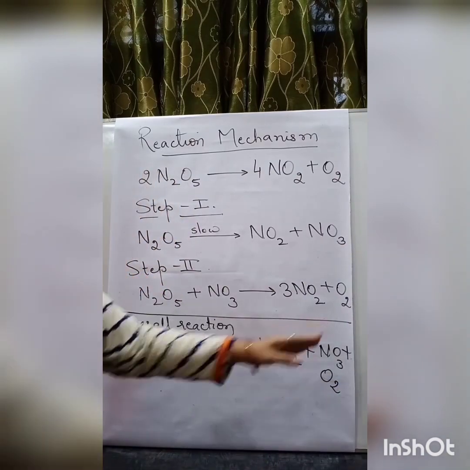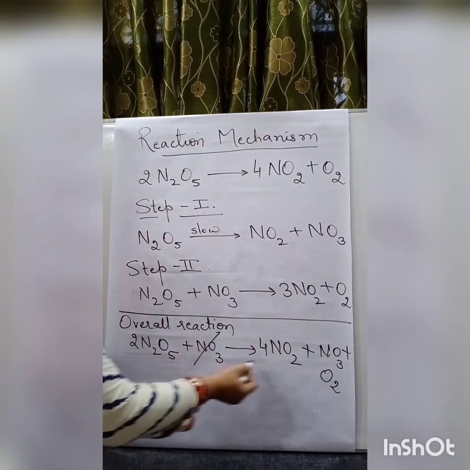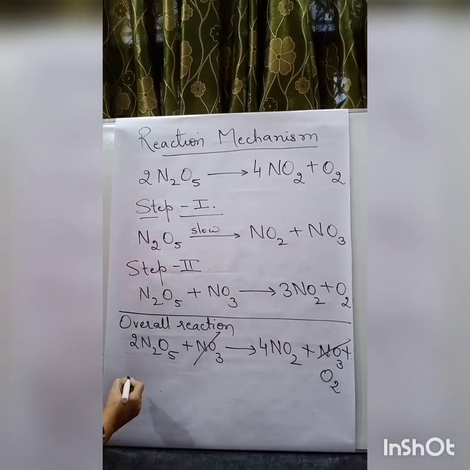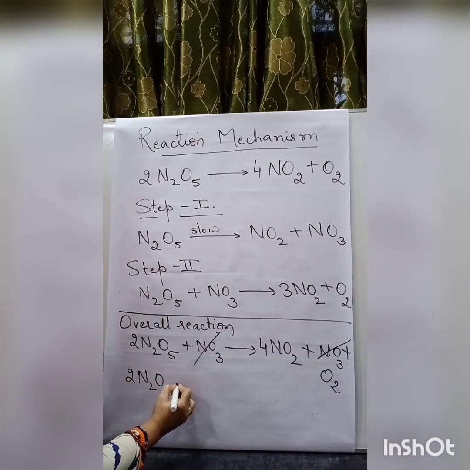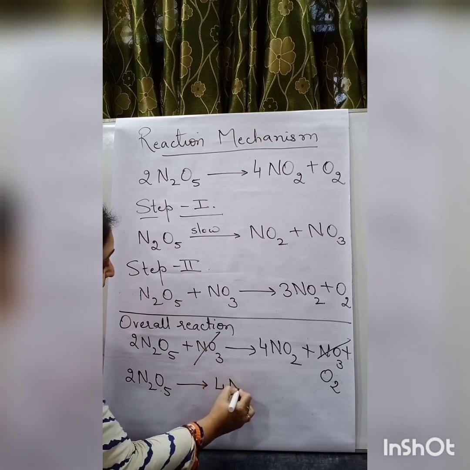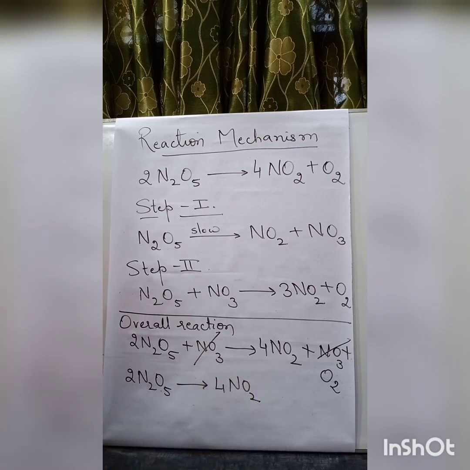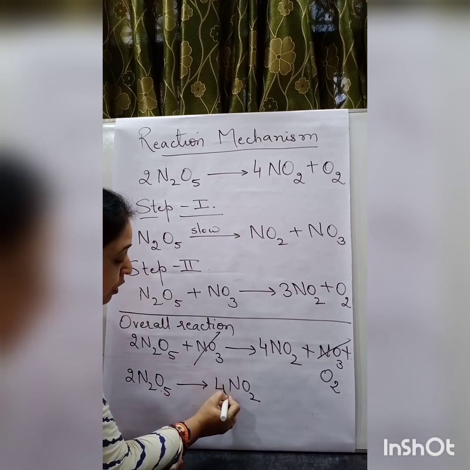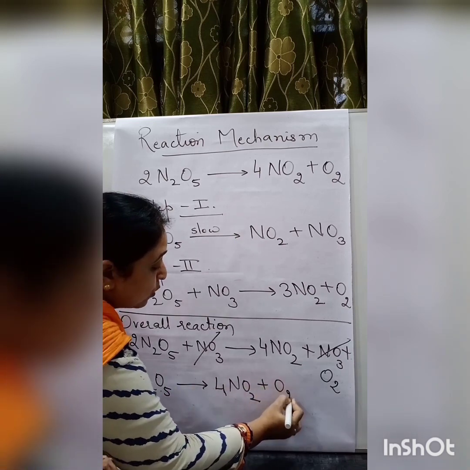From both the sides, cancel the common terms. So finally what do you get? You get your final equation as 2 molecules of N2O5 decomposes to give 4 molecules of NO2 plus O2.